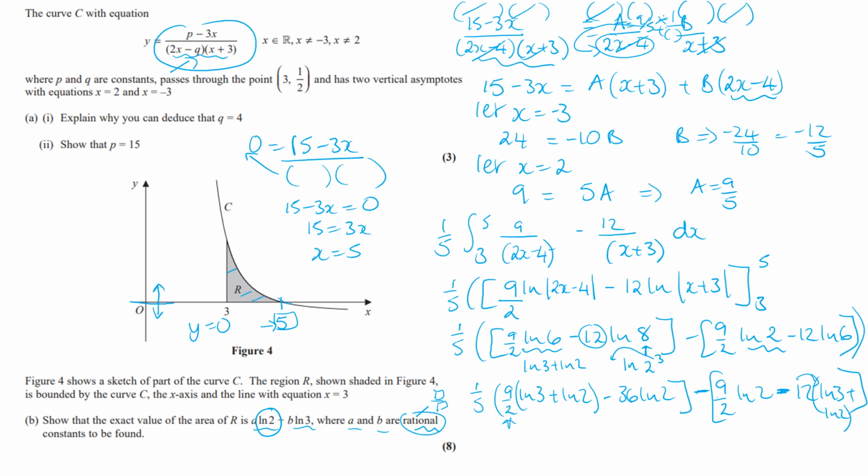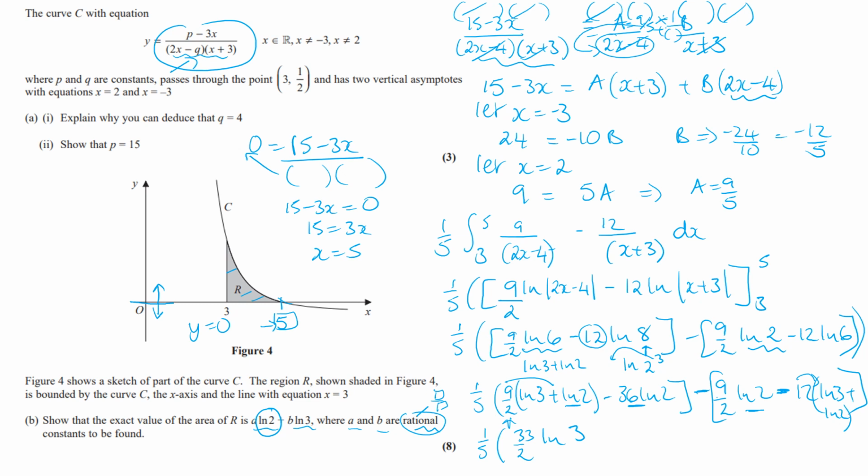So that's going to give me, the 1/5 stays out, I'm going to have 33 over 2 the ln of 3. Now the ln of 2's, I'm going to get 9 over 2, 4.5 ln of 2 minus a 36, which is 72 over 2, minus another 9 over 2.